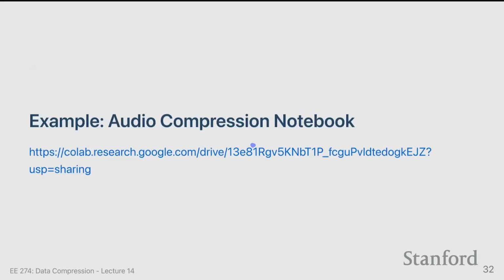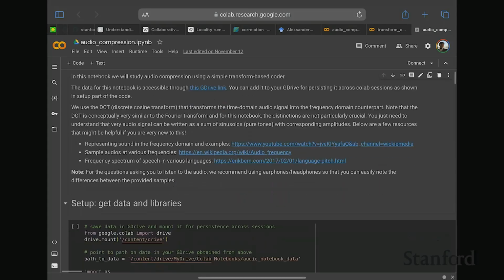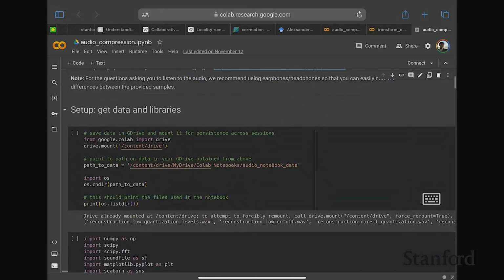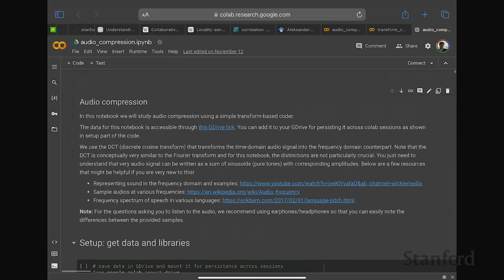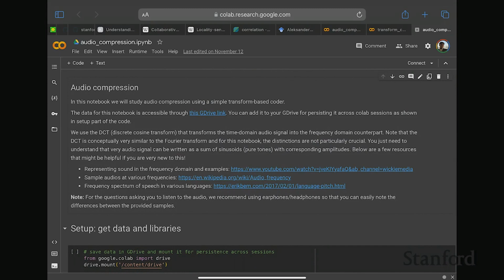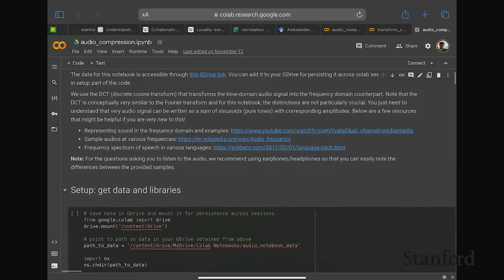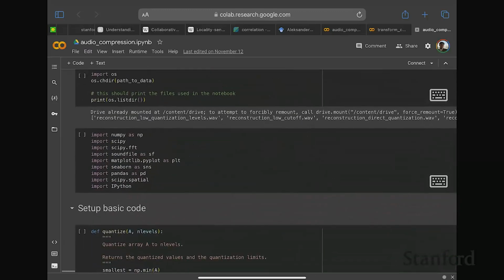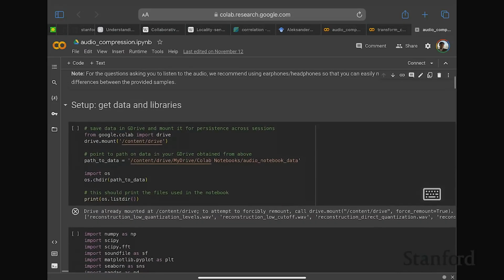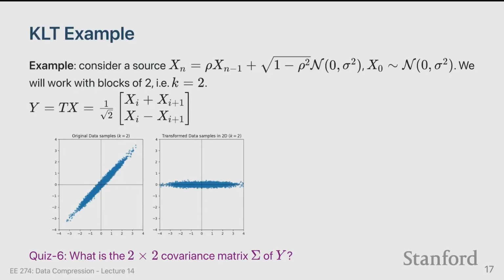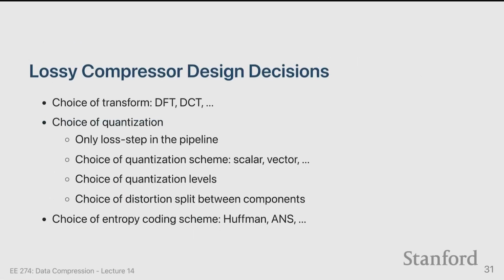So let's just go ahead and look at one. We're going to look ahead at an audio compressor, which basically does this exact same thing. And thanks to Shubham for having this notebook. So our audio compressor is going to do exactly these steps which we talked about, sorry.